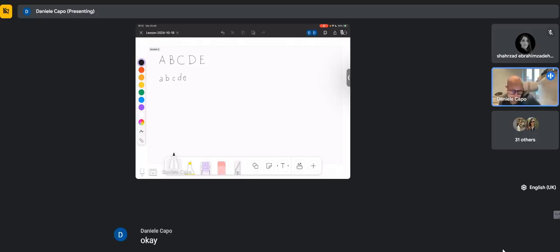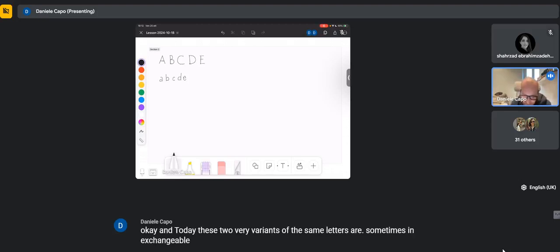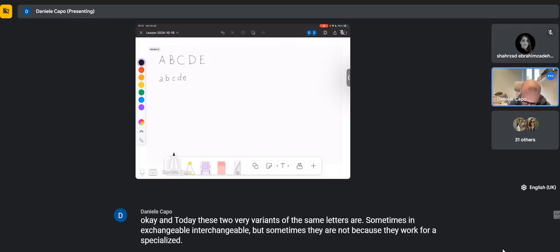Okay, and today these two variants of the same letters are sometimes interchangeable, but sometimes they are not, because they work for a specialized goal.